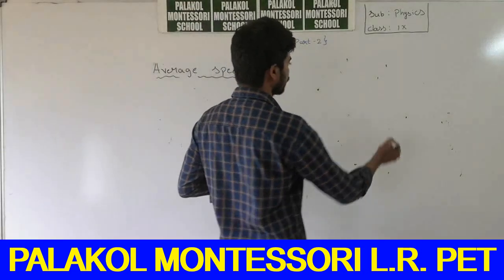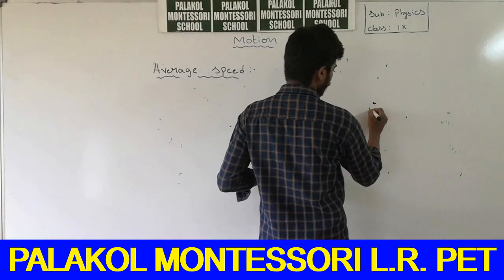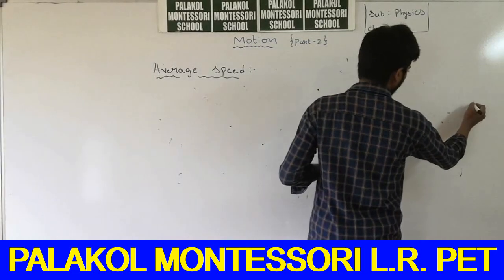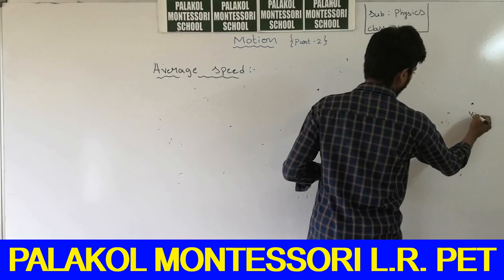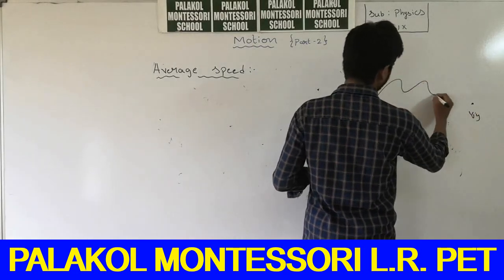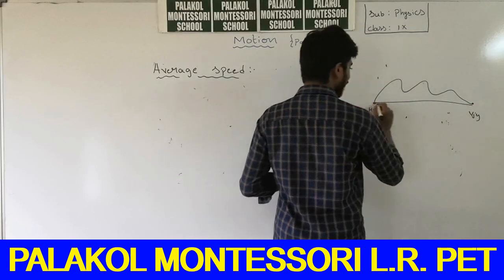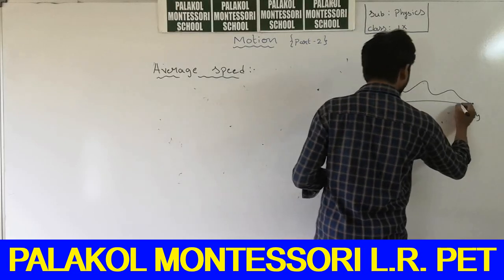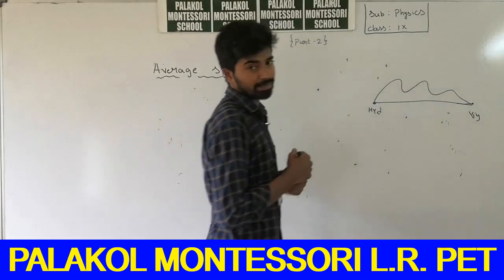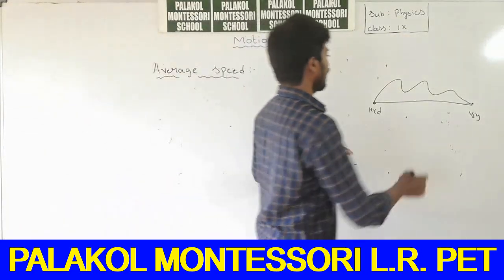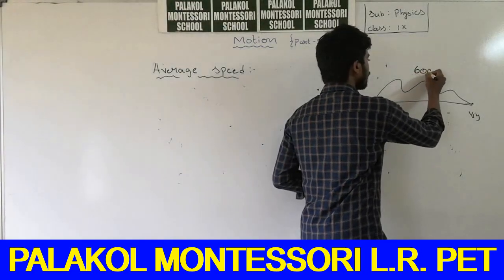Let us take the previous example. You are travelling from Hyderabad to Vijayawada and this is the road, and the straight line joining the 2 points will be the displacement, and the length of the road is 600 kilometers.